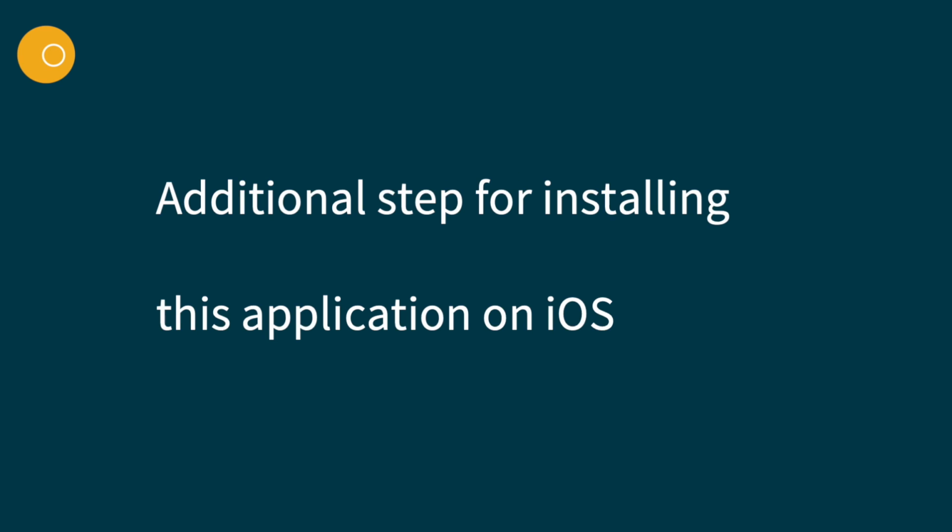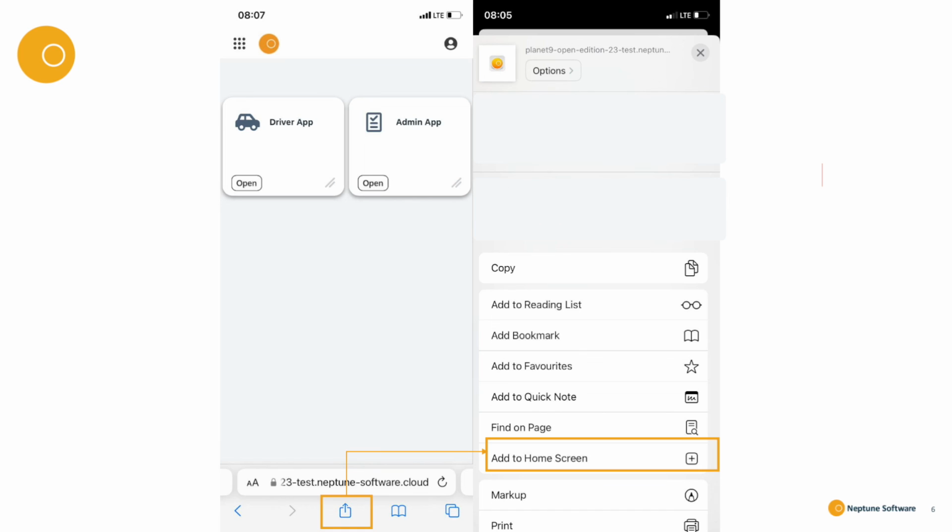Additional information for installing this application on iOS. For websites or web apps to receive notification on iOS, they have to appear on the home screen of the iPhone. So you have to follow these steps to do that. First, click on this send button. Then you go ahead to scroll down and select add to home screen.